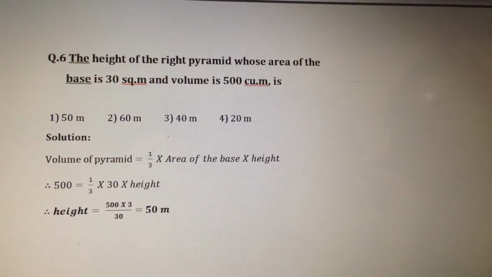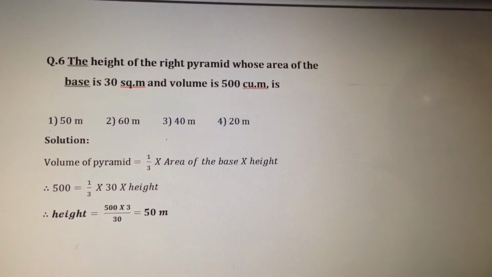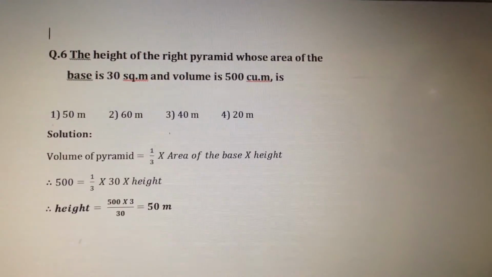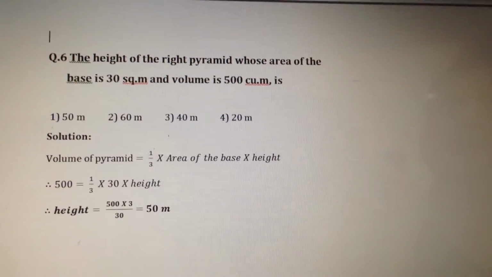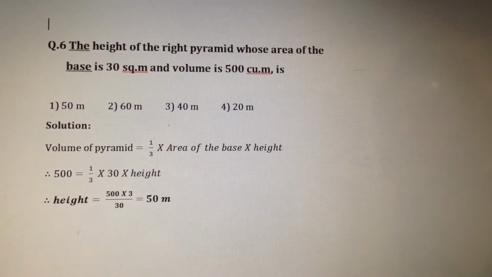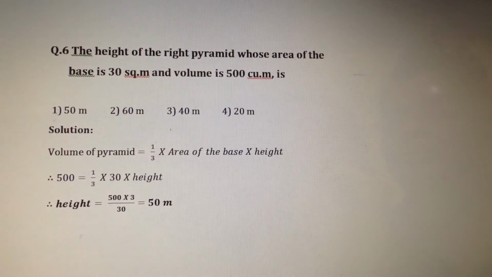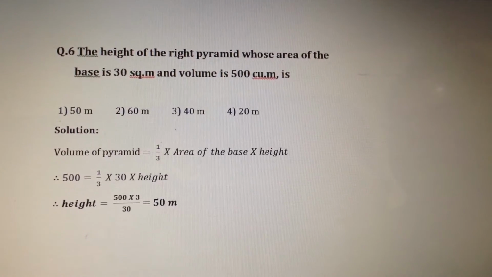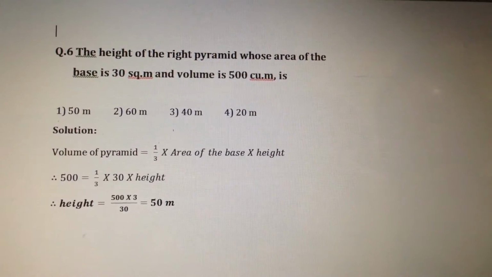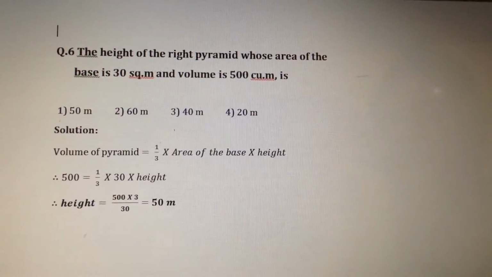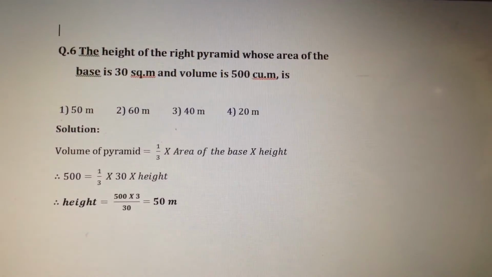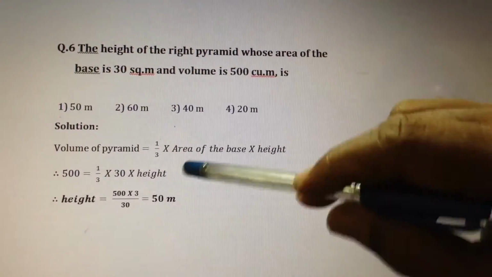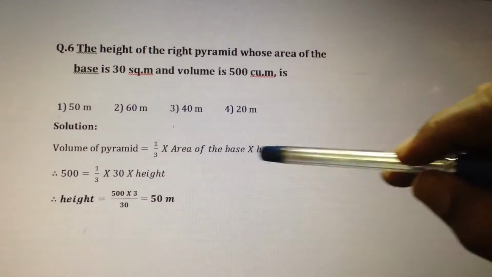Next question. The height of the right pyramid, whose area of the base is 30 square meters and volume is 500 cubic meters, is. This is a very simple question. All we need to do is substitute the values given in the problem in the formula. We know the formula to find out the volume of the pyramid, which is 1 by 3 into area of the base into height.